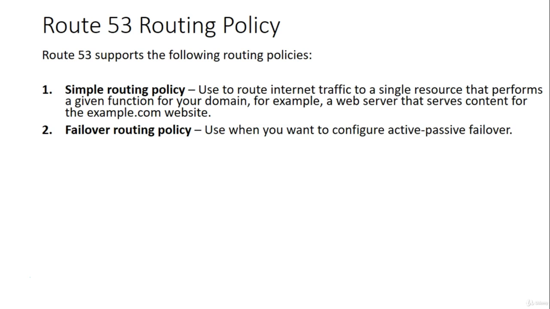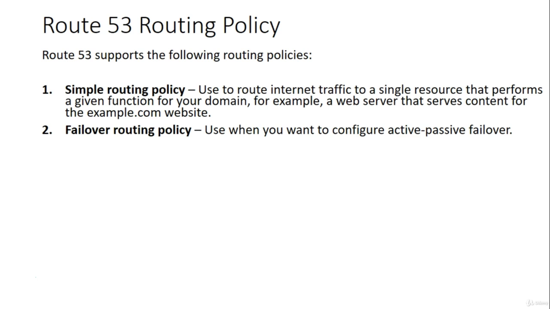Then we have failover routing policy. Use it when you want to configure active-passive failover, that is a kind of backup for your website. For example, if one of the servers has failed and you want to redirect to some other server, then you should use failover routing policy.